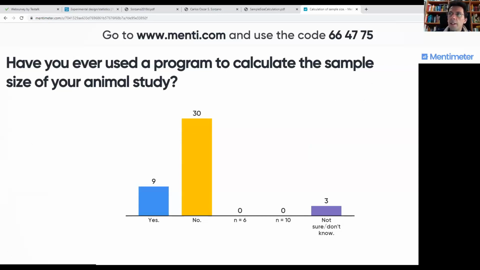It doesn't mean that it is an absolute number, that it is that one and not any other, like what we said at the beginning. It is true that you have not done your experiment, so you don't know. The most important unknown here is what will be the variability of the treatment group, but you have to guess something, because otherwise it is like designing elevators for 10 people, but you don't know at all what the weight of a person is.